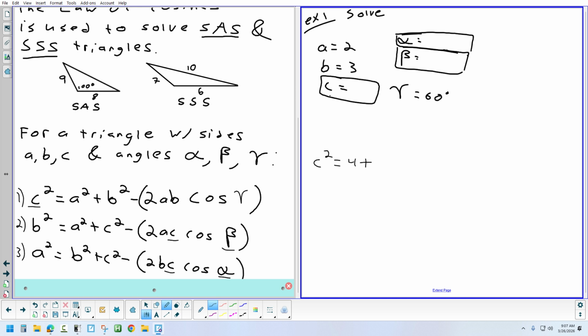What's b squared? 9. Minus, now we need 2 times a times b. What's 2 times 2? 4. Times 3? 12. So we have 12, which is 2 times a times b, times the cosine of 60.